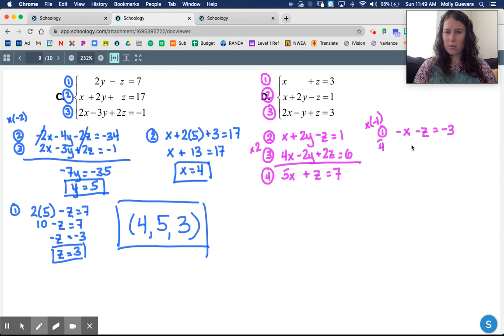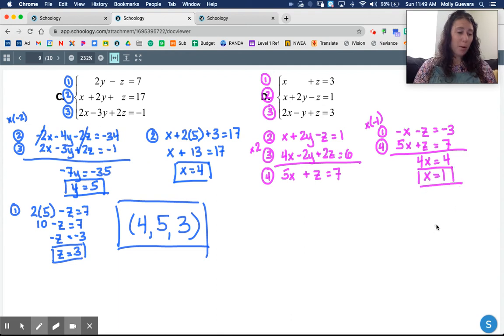I'm going to take equation 4, which is 5x plus z equals 7. So I get 4x equals 4. So x is 1. And I'm just checking my work here. This is not the way that I originally solved it on my sheet, but it doesn't matter because I'm ending up getting the same answers, right?